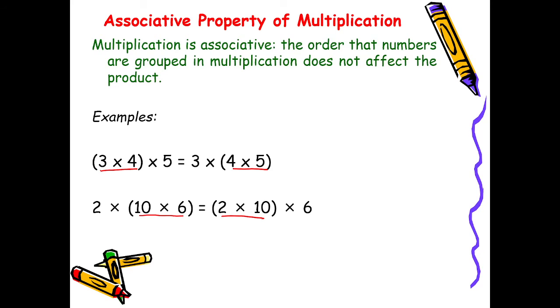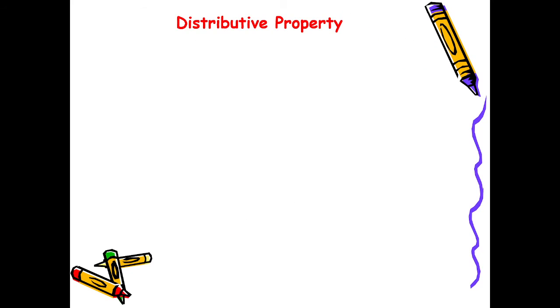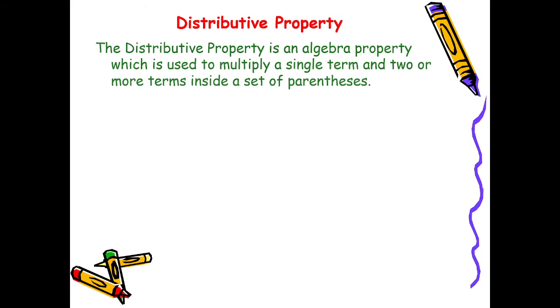Now let's move on to the fifth property. Do you still remember the distributive property? A little. Okay, let's review. The distributive property is an algebra property which is used to multiply a single term by two or more terms inside a set of parentheses. For example, this one.